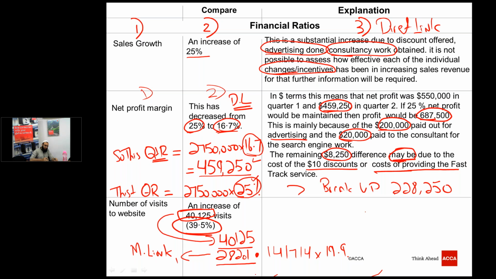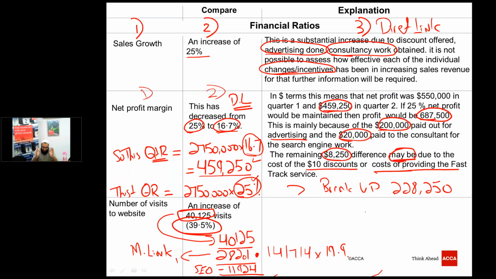So if I deduct from 4125 the people who came through the magazine link, I'll get a number that is 11,924. 11,924 will be the people who came through SEO, search engine optimization. So here I again quantified, my friends, try to quantify here.